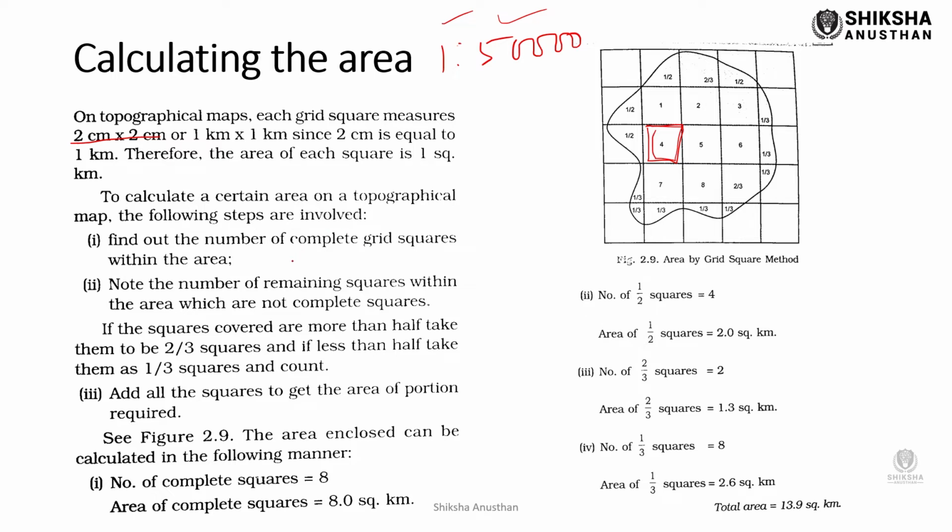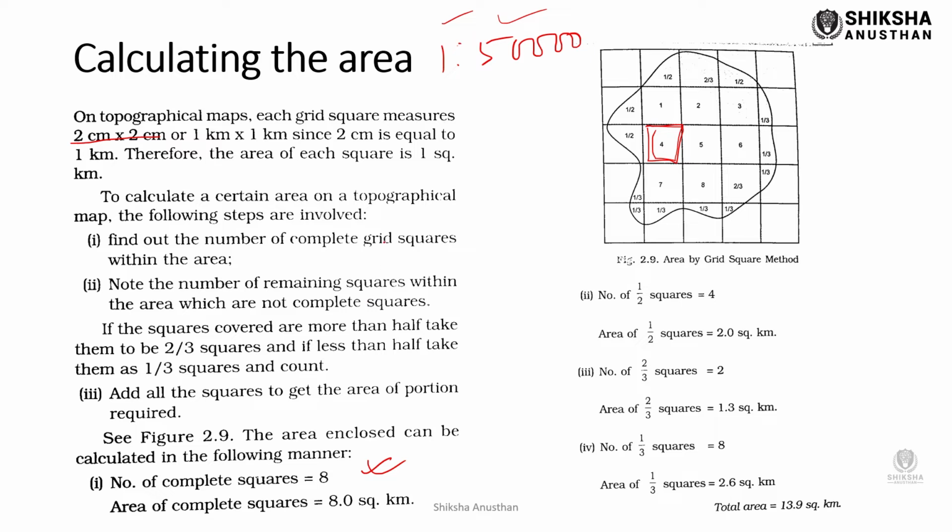To find out the area, we need to calculate how many complete squares there are, how many half and quarter squares there are, and how many squares in total we have. As you can see from the figure, we have 8 complete squares.